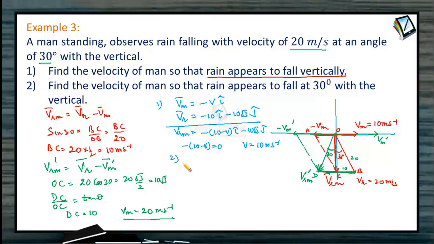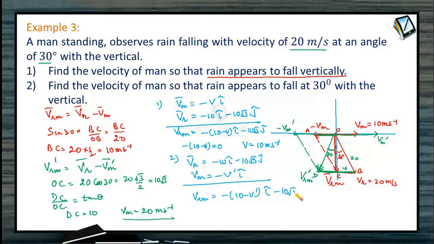In the second case, what will we write? Velocity of rain will now be minus 10 i cap minus 10 root 3 j cap, in terms of vectors. And velocity of man is, say, V dash i cap. So Vrm in this case will be (10 minus V dash) i cap minus 10 root 3 j cap.